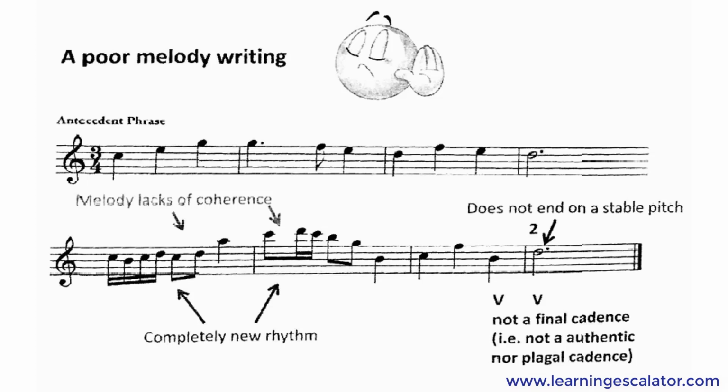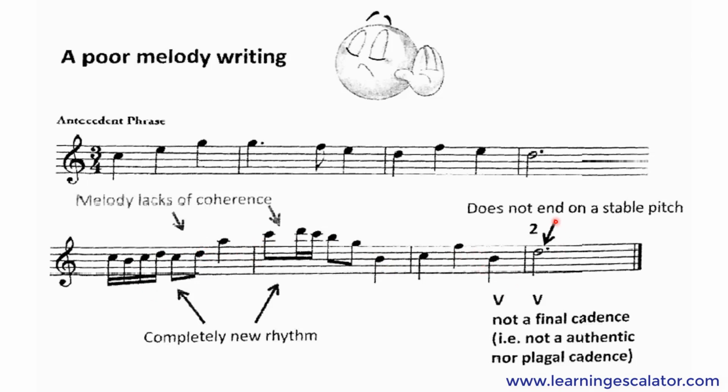So the question phrase is still the same as before, like this. And for the answer phrase, this one's a bad answer phrase. There is a completely new rhythm, which is bad, and the melody lacks coherence, so it doesn't even look the same, and there's no motive.